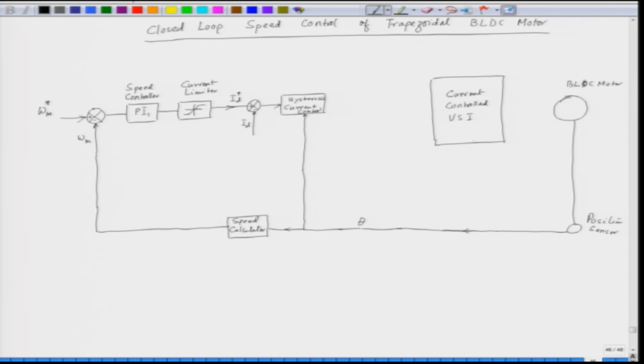And from the current control VSI, we have the DC link here, we apply the DC voltage VDC in this case, and this current is ID.